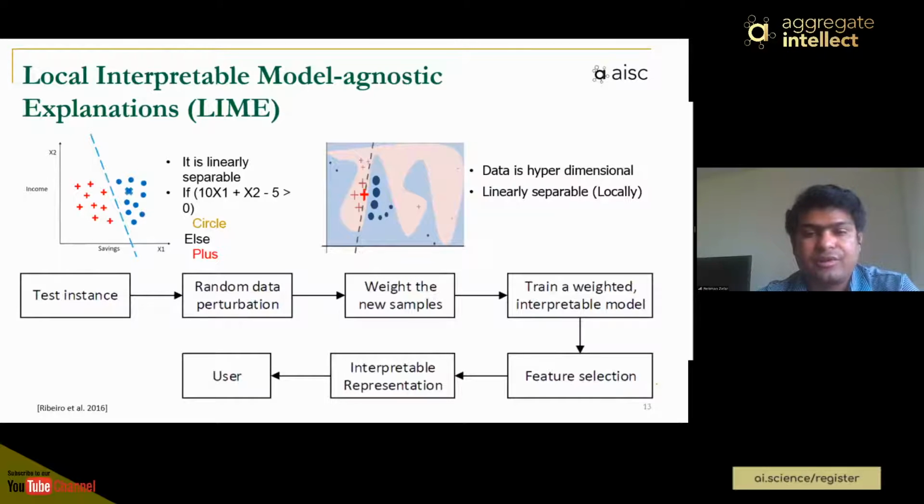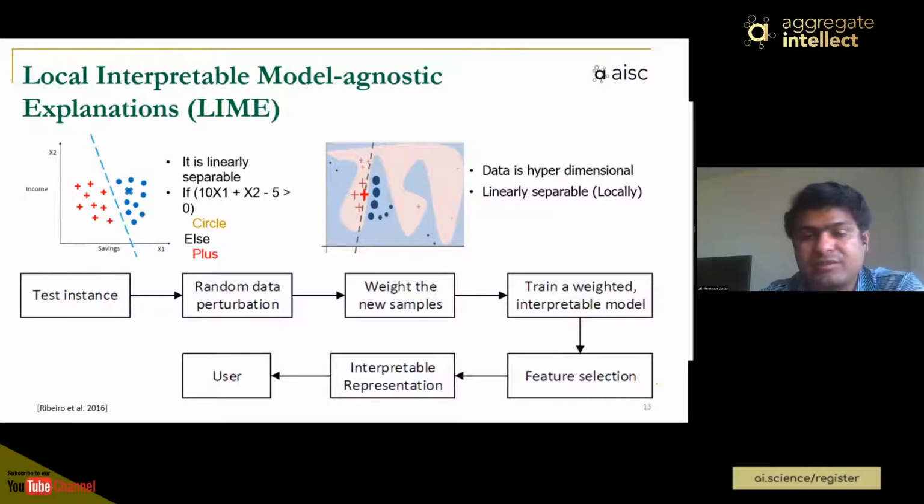Therefore, each time it will give you a different explanation for the same instance. That is instability, and this issue is defined as explanation level uncertainty, and it should be handled.